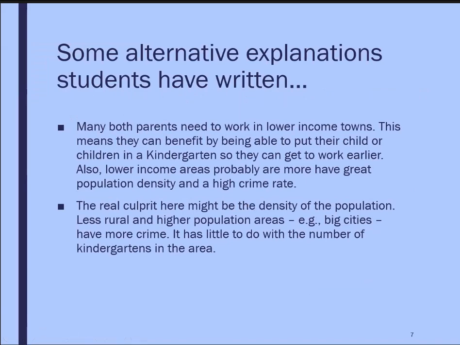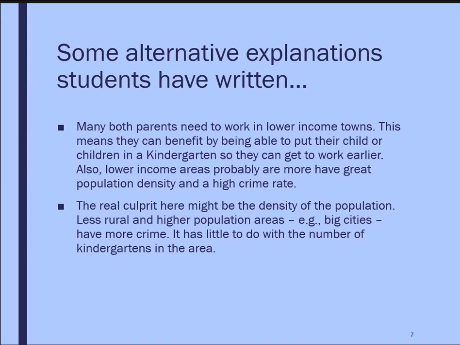Let's look at some examples that students have provided for us. They've watched this lesson, so they've provided some examples as to why towns that have kindergartens also have a higher crime rate. One of them says that both parents need to work in lower income towns. This means that they can benefit by being able to put their child or children in a kindergarten so they can get to work earlier.